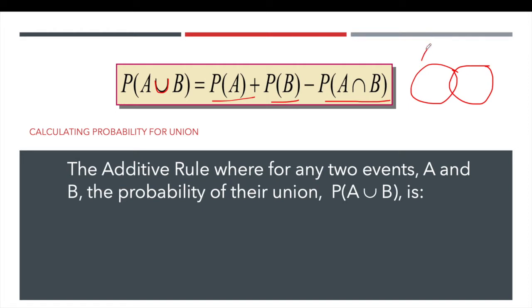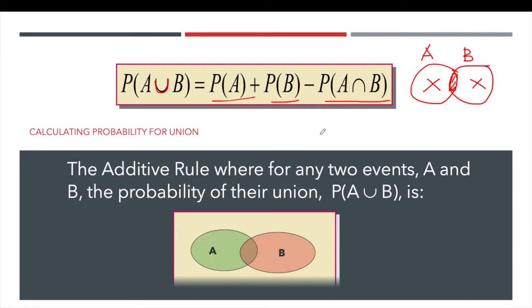So PA plus PB minus the intersection inside here, because it's going to be redundant if you include this one also. Okay, let's move forward.